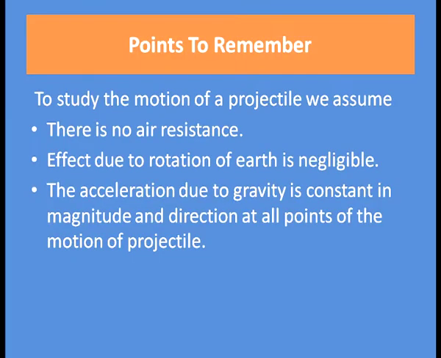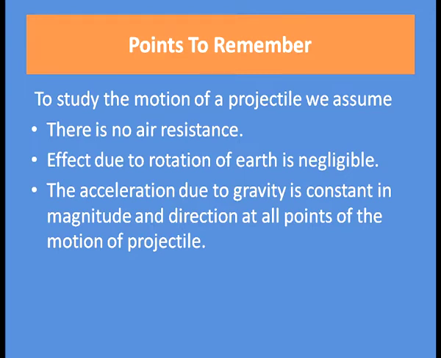When we are considering projectile motion, we have ignored or assumed certain things. We have assumed that there is no air resistance, because there is always air resistance, and due to air resistance there are some variations in the motion of the projectile, but that will be very complex for our calculation purpose.